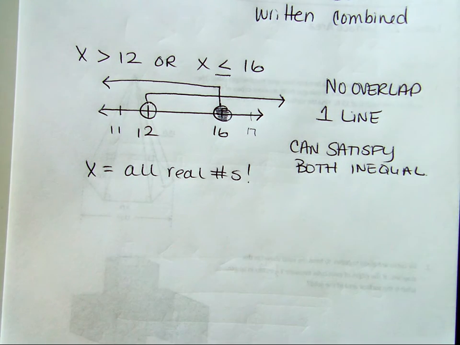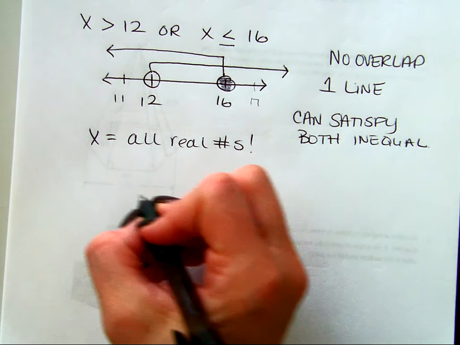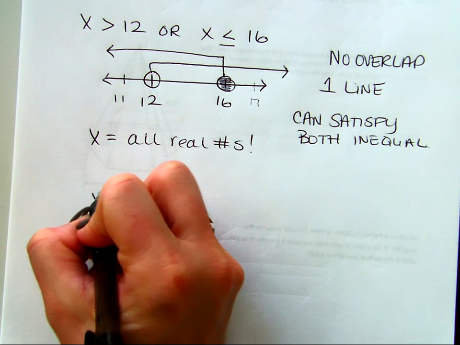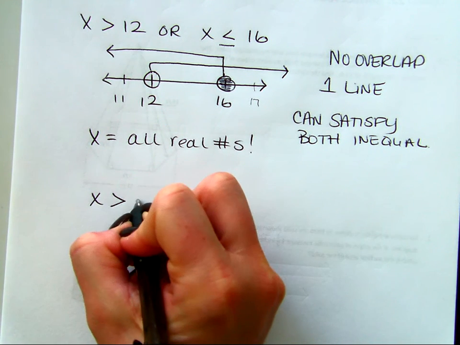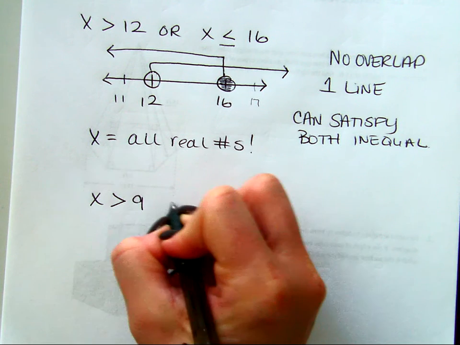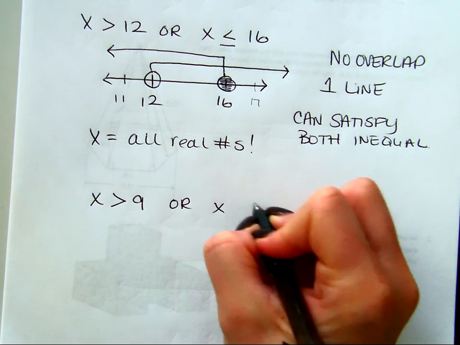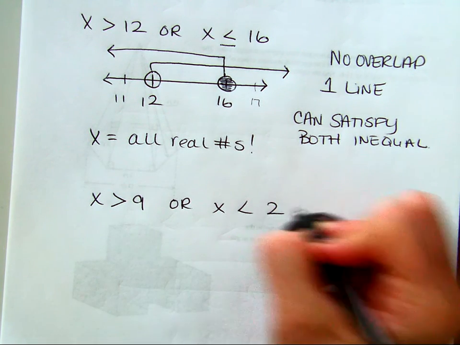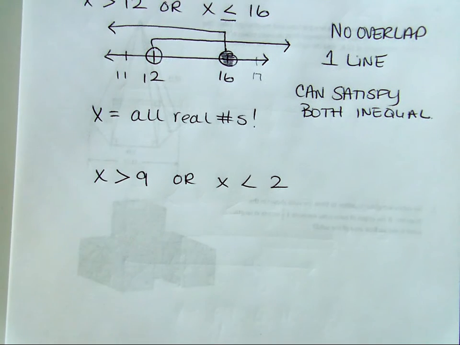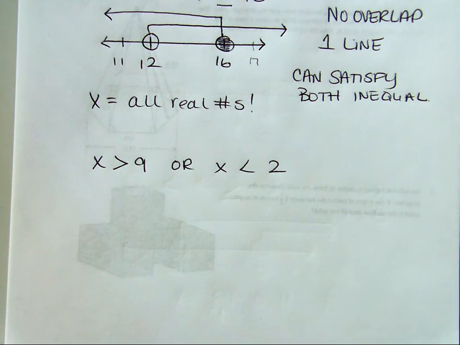So let's do this one then. So x is greater than 9 or x is less than 2. And let's throw that one there.